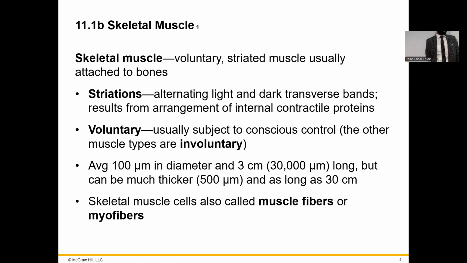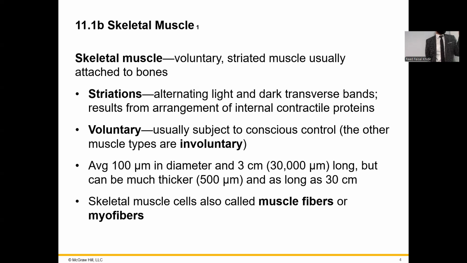So there are striations. Striations are alternating light and dark transverse bands that result from the arrangement of the internal contractile proteins. And we're going to see this in the diagram, that in order for your skeletal muscle to contract, you're going to need these cytoskeletal proteins to get shorter.